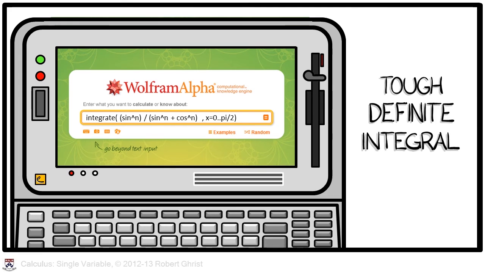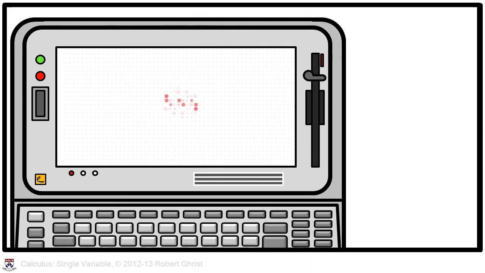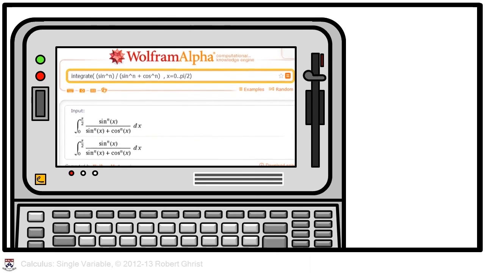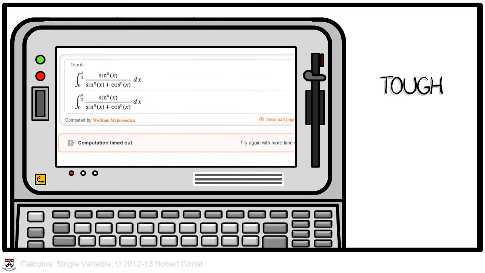It intuits that we mean sine of x to the nth power, etc. Let's evaluate this as x goes from 0 to pi over 2. Well, after a little bit of thought and a little bit more thought, we get a properly interpreted question, but an answer that says, no, not happening.